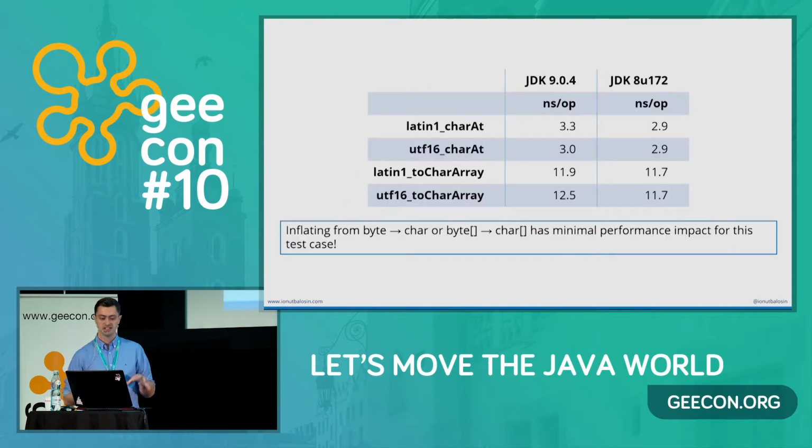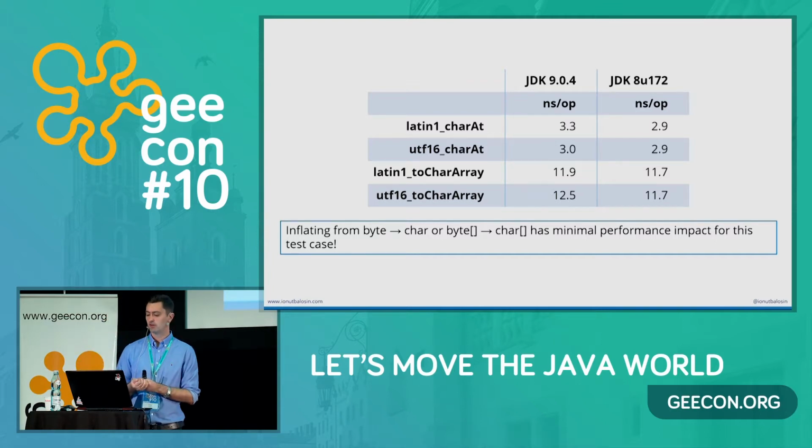I tested this also using JDK 8, the last update that I found available. For JDK 9, if we look only at charAt for Latin 1 and UTF-16, there are 3.3 versus 3.0 nanoseconds. I wouldn't say it's too much of a difference. However, in JDK 8, it was very slightly better.